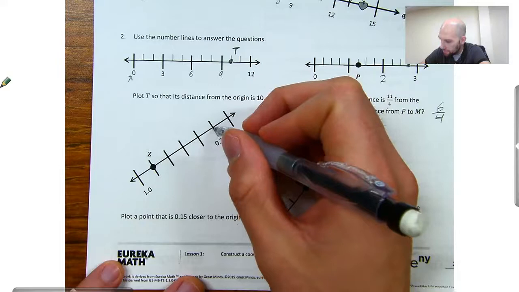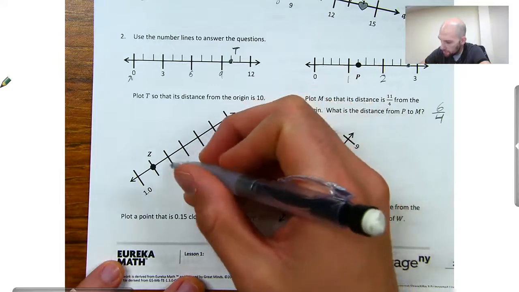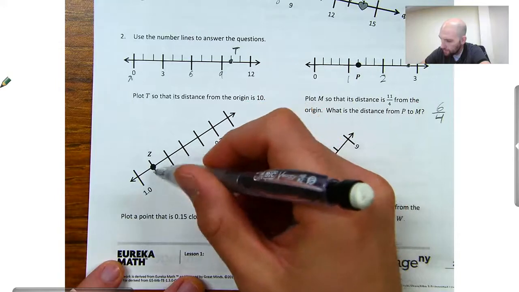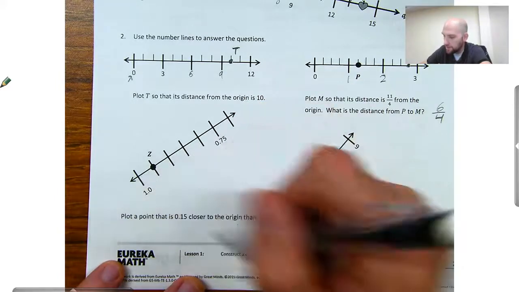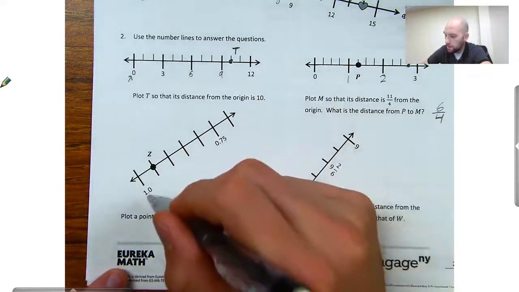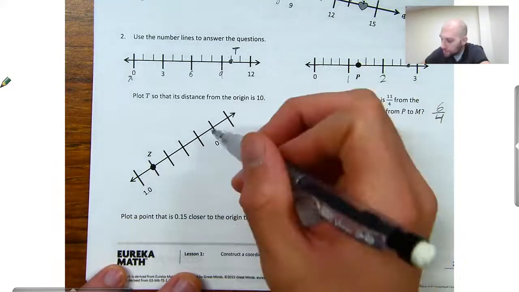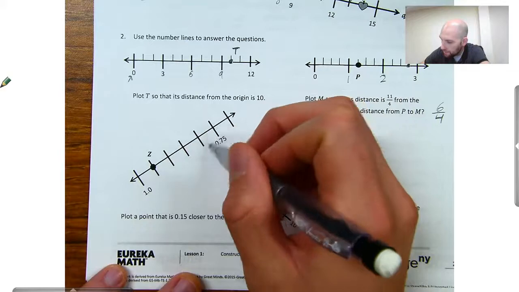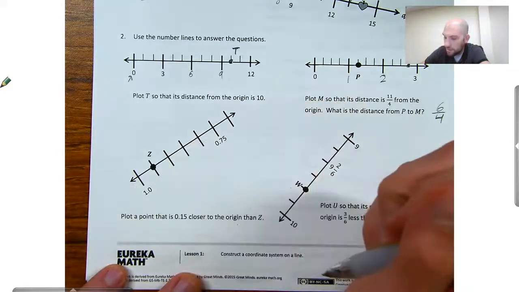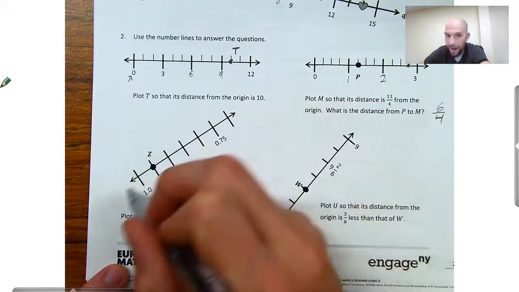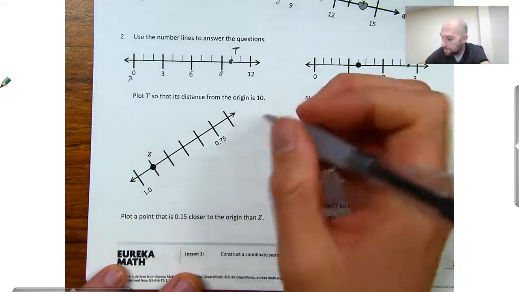And I have 1, 2, 3, 4, 5 between that and my $1 there. So I know that each one of these is going to be 5 cents because I would have 25 cents between 75 cents and $1, and 25 divided by 5 would give me 5.